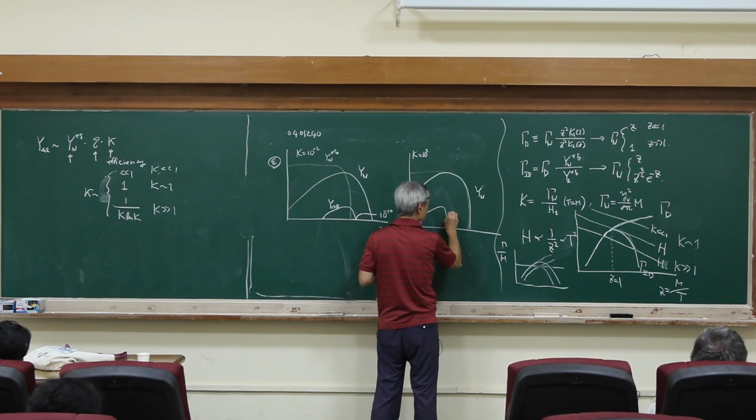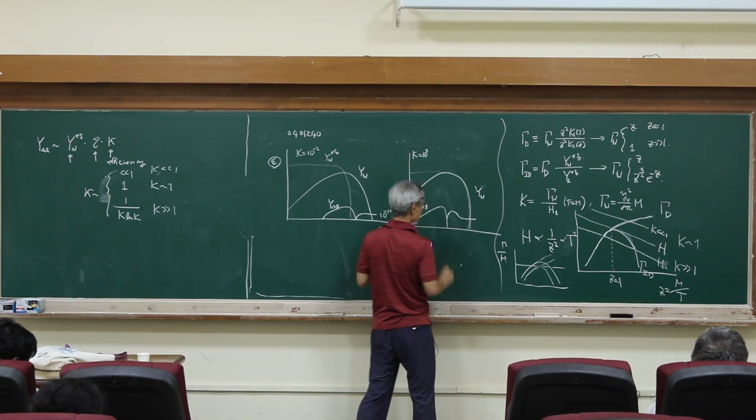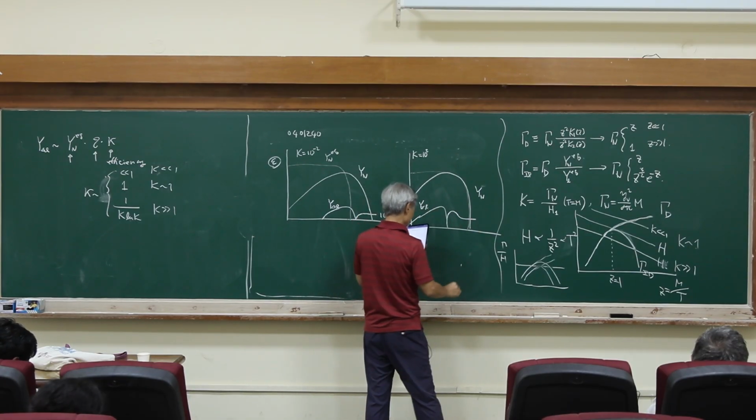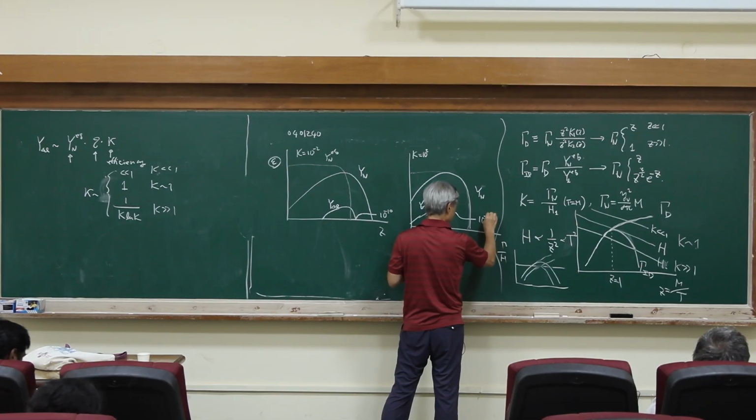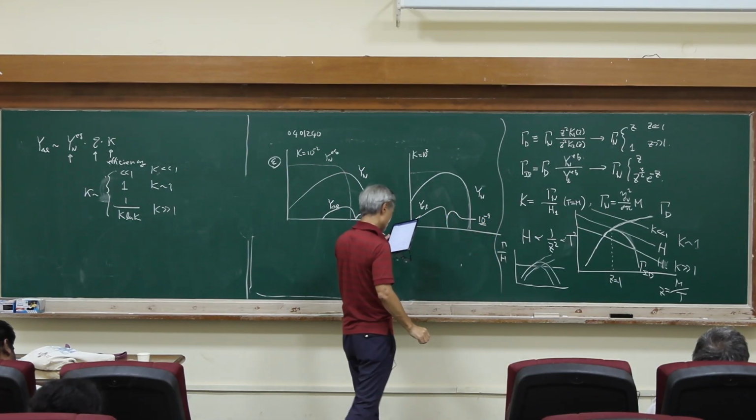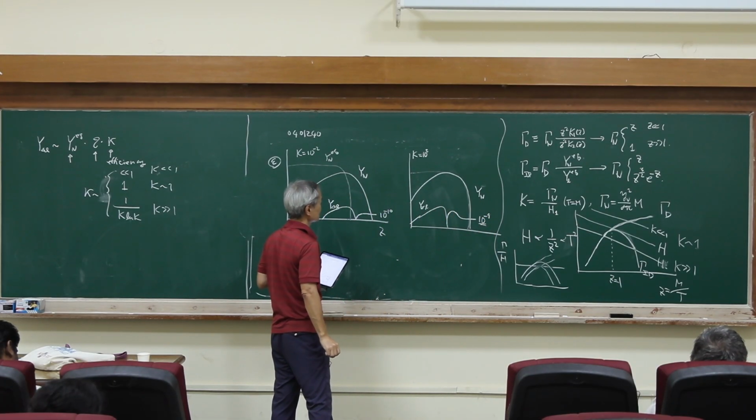But here it shoots up, and then it decreases a bit. So the final number they have is around 10 to minus 9.